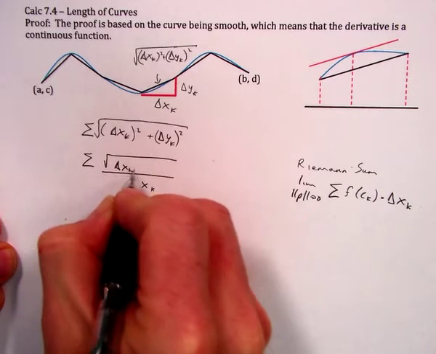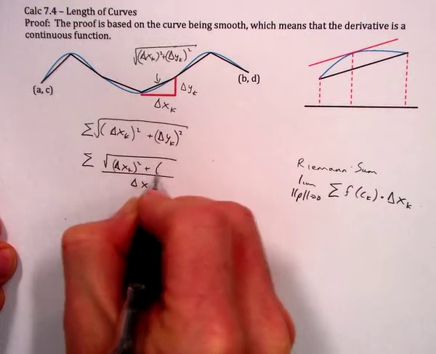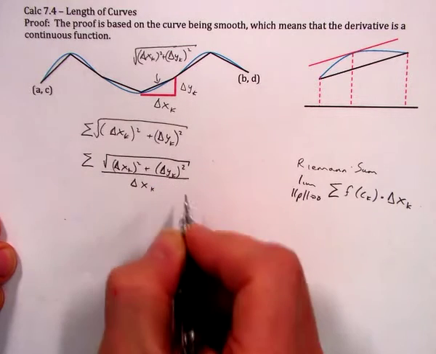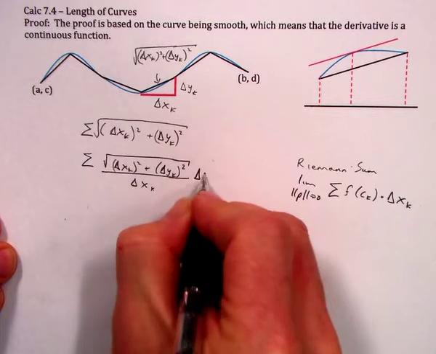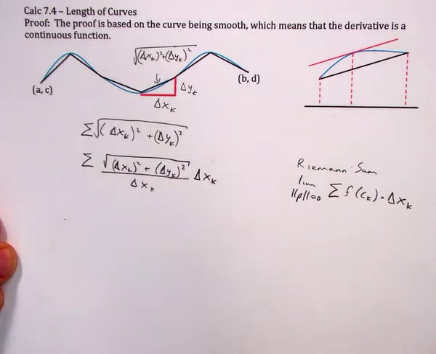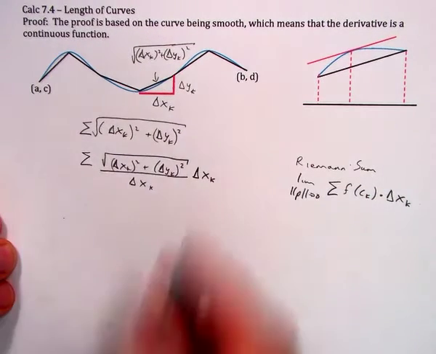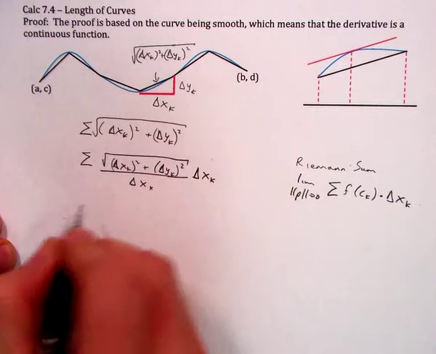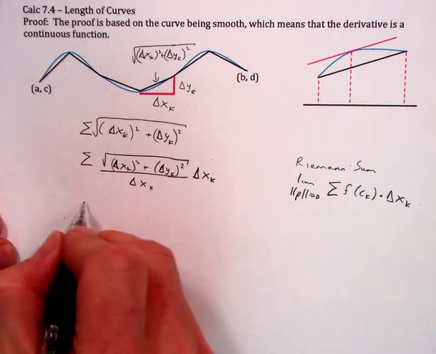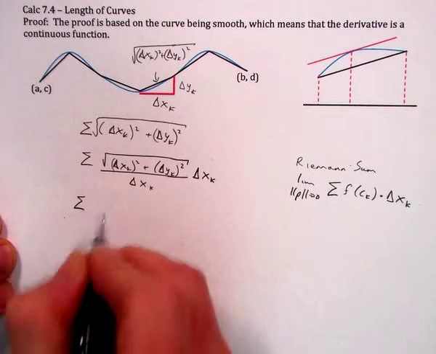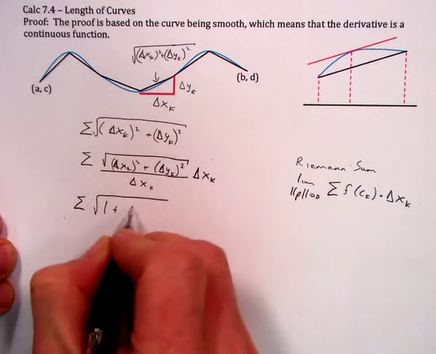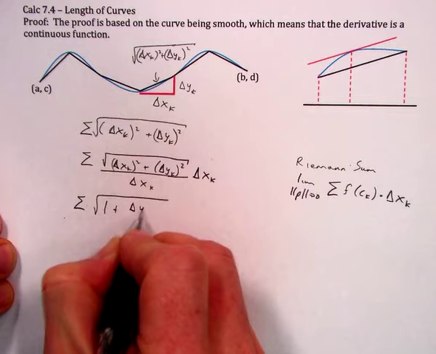Let's just go ahead and copy that over. And if we divide it by it, we have to also multiply it, right? Because we're just doing a clever form of 1. When we bring that inside the radical, since it's positive there, it's okay to do, we will end up getting 1 plus delta y sub k.